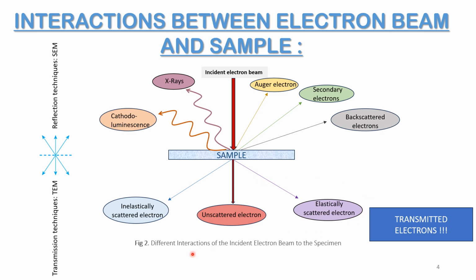All these transmitted electrons are studied with transmission techniques, which is transmission electron microscopy, TEM, and the signals generated from the interaction between the incident electron beam and the sample are studied under SEM, that is scanning electron microscopy.